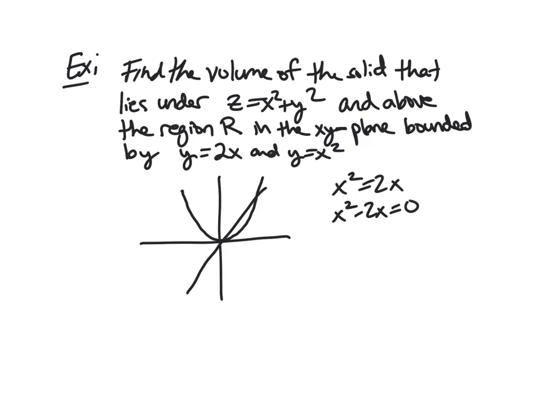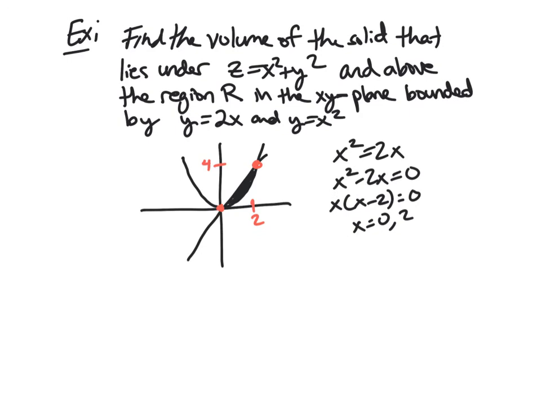We see that we get x equals 0 and x equals 2 as our intersection points, right? So we see x equals 0 here and x equals 2, so this is 2. This is going to be up at 4. And so our domain here, our region R, is this shaded region here.